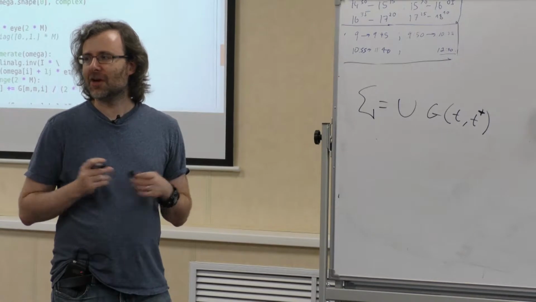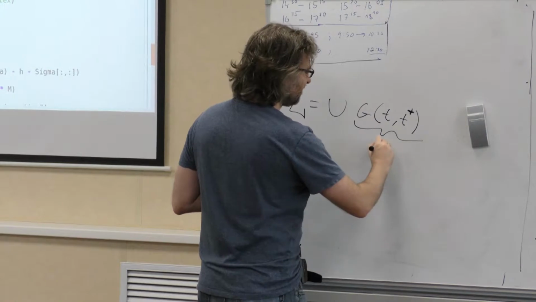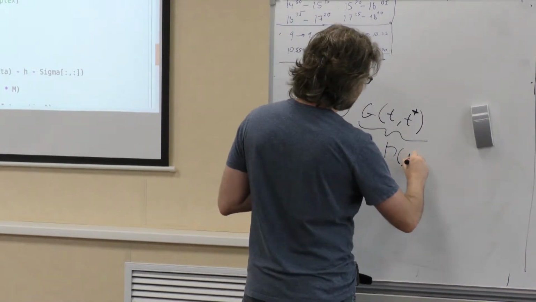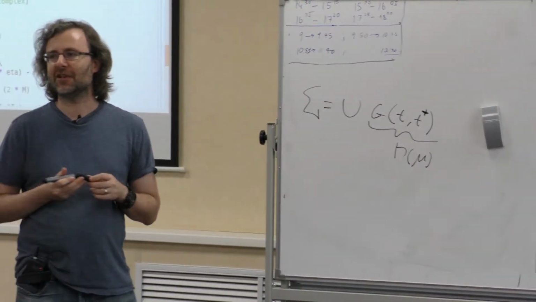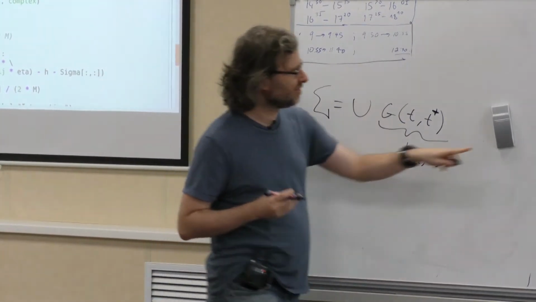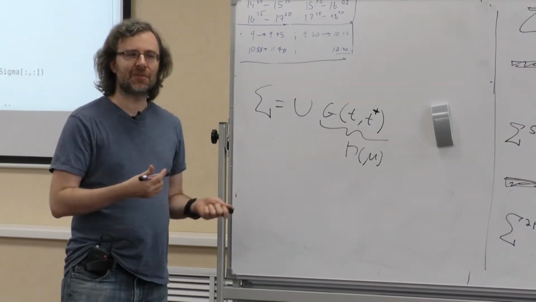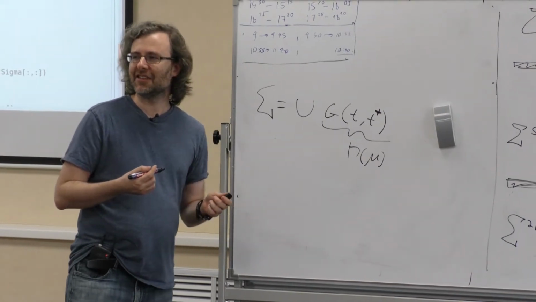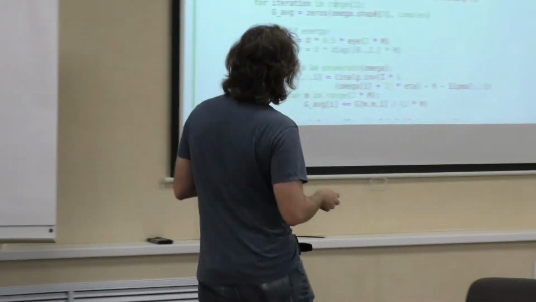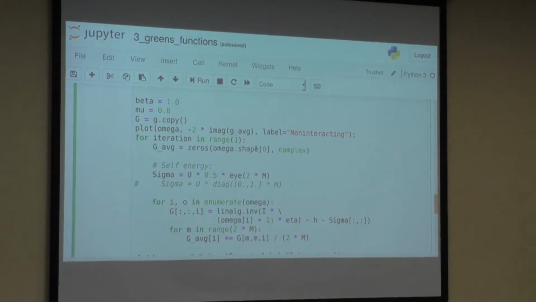Now what you can show is that this thing turns out to be actually the occupation at the chemical potential for this model. So I can replace this G, which is this thick line, with just an occupation at the chemical potential. Since I set up the model to be half occupied, that's going to be 0.5. So this is the self-energy that I guessed here, just U times 1/2. And let's see what that gives us.